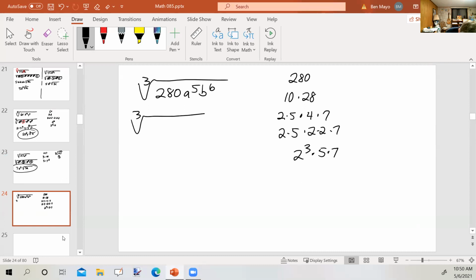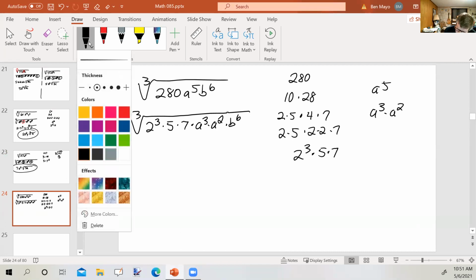Okay, and I want cubes, or multiples of cubes, so 2 cubed times 5 times 7. A to the 5th power, I'm going to pull that apart as a cubed times a squared. B to the 6th power, 6 is a multiple of 3, so I'll just leave that as b to the 6th power. So now I've got cubes, multiples of cubes, where the exponent is a multiple of the index, and leftovers, okay?